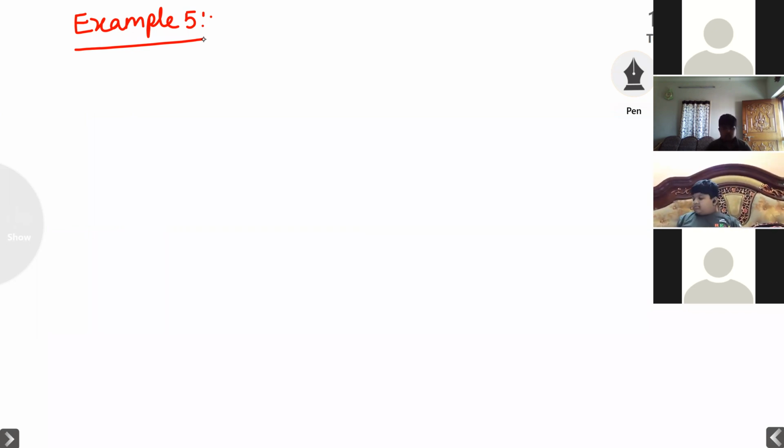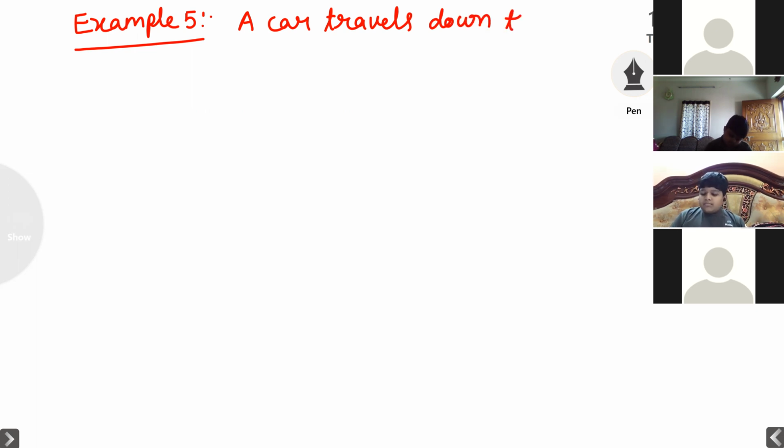Example 5. A car travels down the freeway at 55 kilometer per hour.